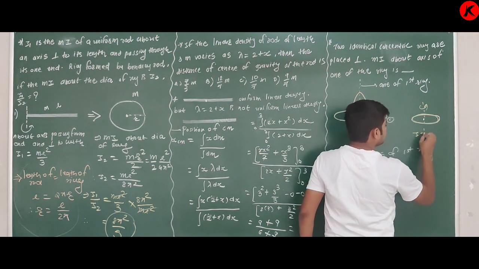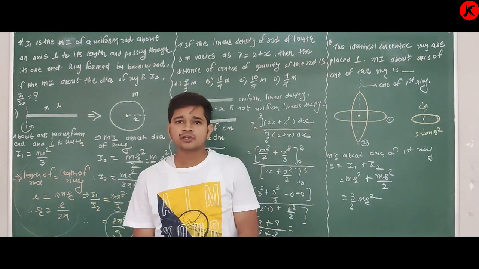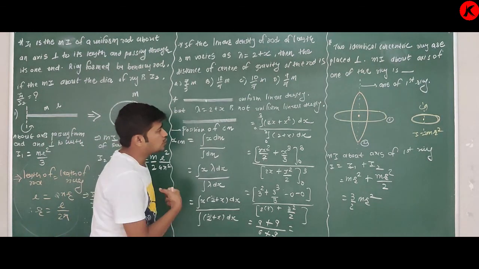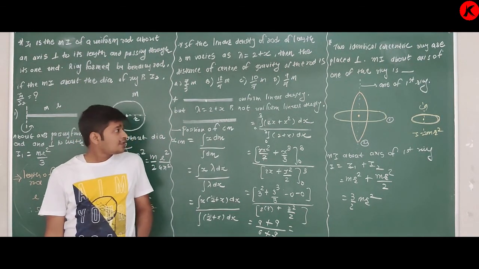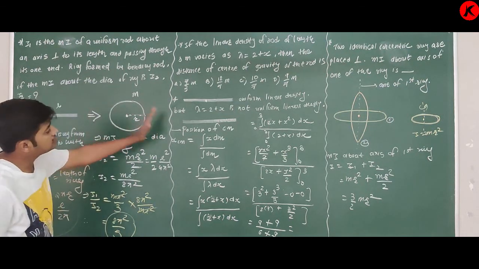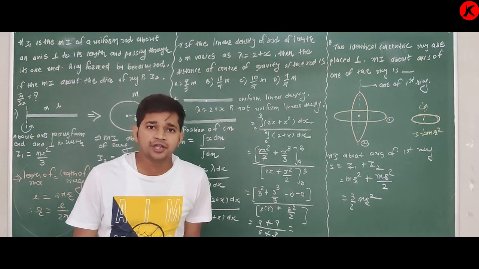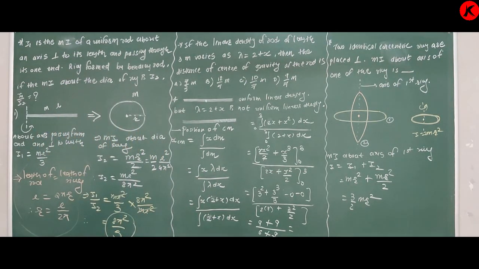So it is 2 mr square for 2 rings. Clear? So it all depends on the question. Understand the question, try to draw a figure, then you can easily solve such questions. Okay, this is it for today.